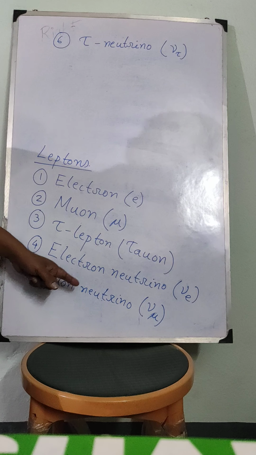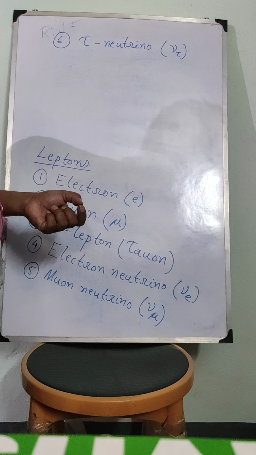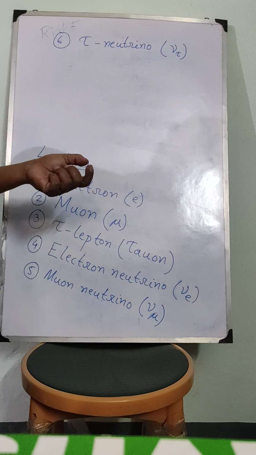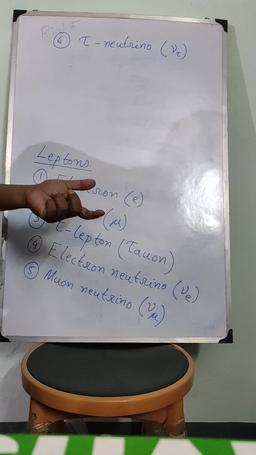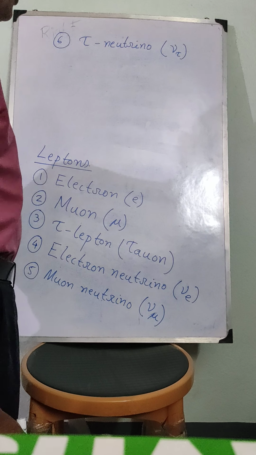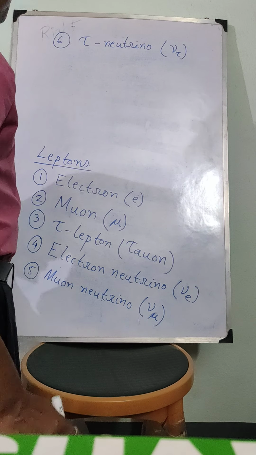Now these neutrinos are very light particles, that is their mass is less than 5 electron volt divided by c square.